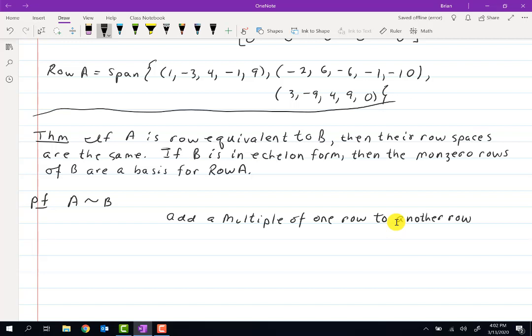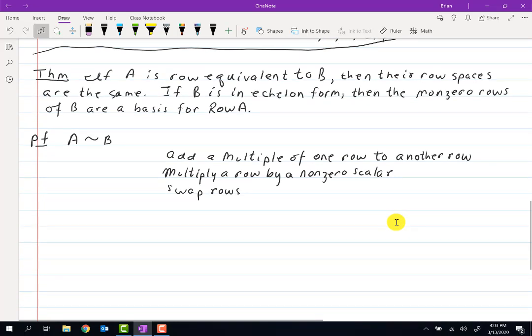We can multiply a row by a non-zero scalar. And what else can we do? We can swap rows. So those are the 3 things that we can do to go from A to B. We can do any of these 3 things as much as we want until we get there.